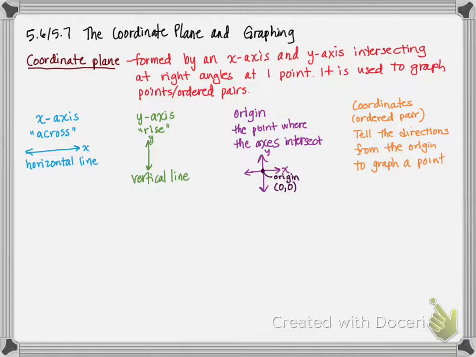Now, this ordered pair, the reason why it's called ordered, it's because we put the x number first and the y number second. So it's not an ordered pair unless we have parentheses around it. It's got to have two numbers. They're going to be separated by a comma. The x number comes first. And I'll talk in a minute about how I'm going to use those coordinates to graph. So I'm going to write this down. These are in alphabetical order.